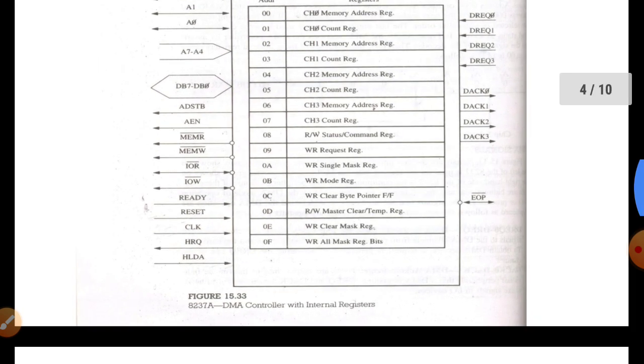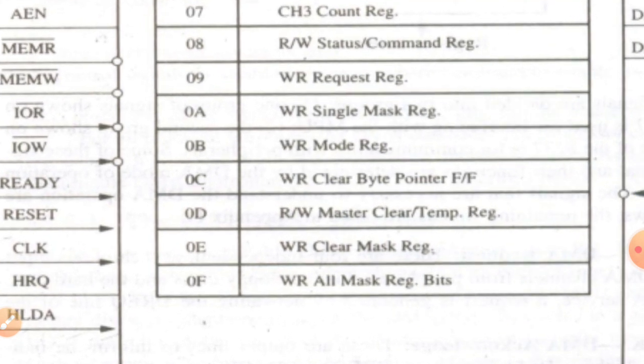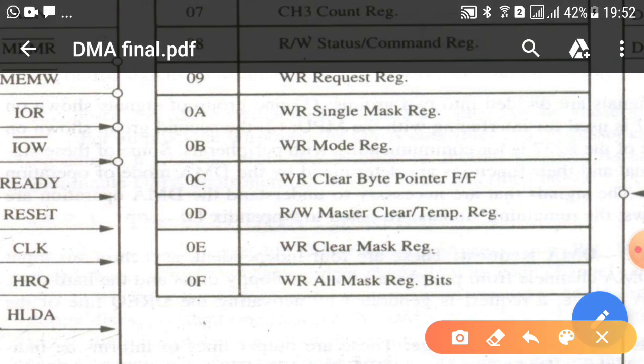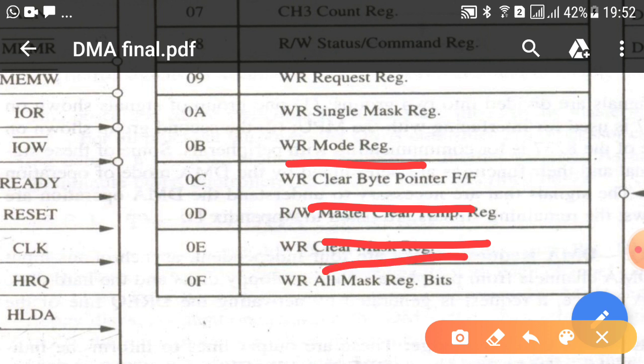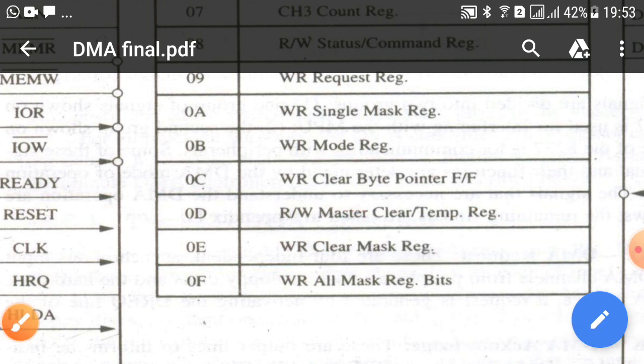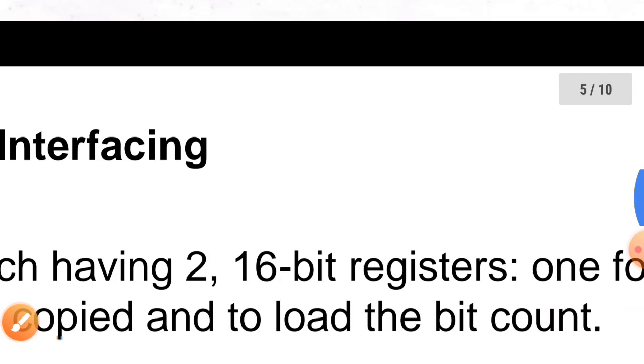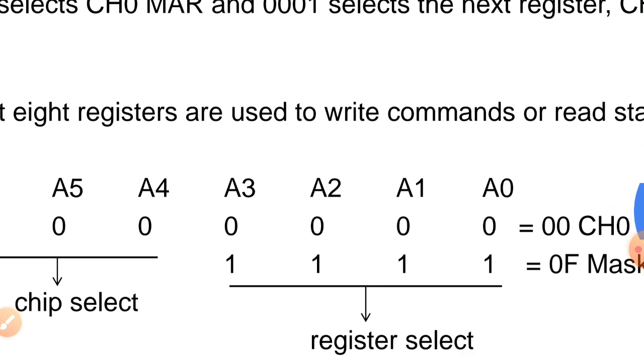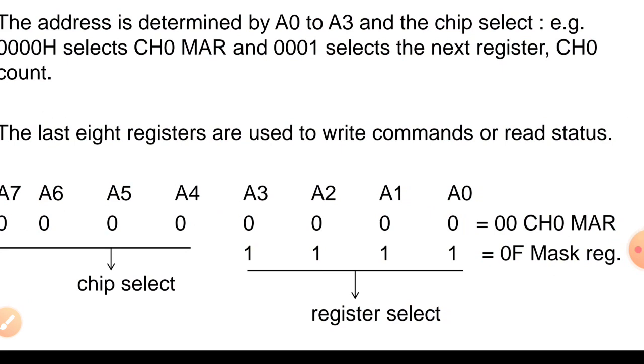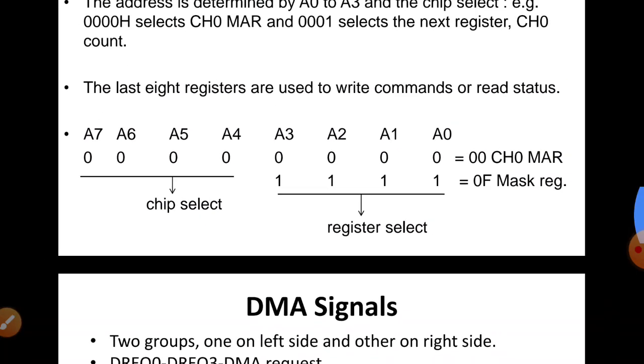Now, besides these 8 registers, there are 8 more registers available in the 8237. These registers are the status command register, request register, single mask register, mode register, clear byte pointer, master clear and all mask bit. So there are 8 more registers used for different purposes, and all these registers have their individual addresses depending upon the binary pattern of A0 to A3.